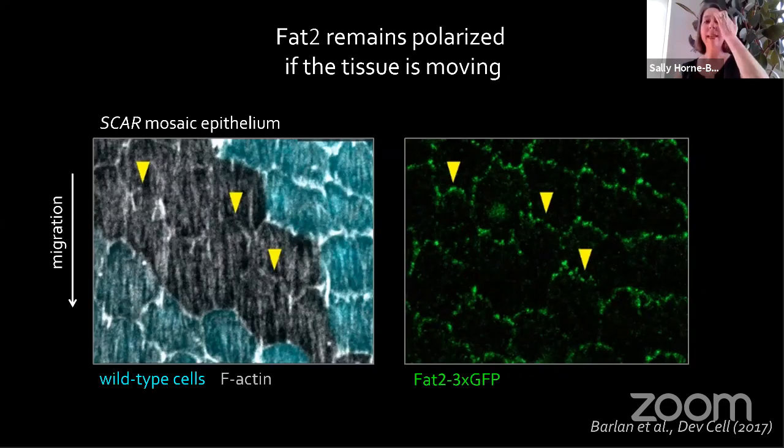Now, in this second condition, what I'm showing you is we've removed the function of the SCAR/WAVE complex in a clone of cells, in this case through a scar mutant allele. And now FAT2 is still polarized normally to the trailing edge. So this tells us that FAT2 does not require the SCAR/WAVE complex to localize if the tissue is moving.